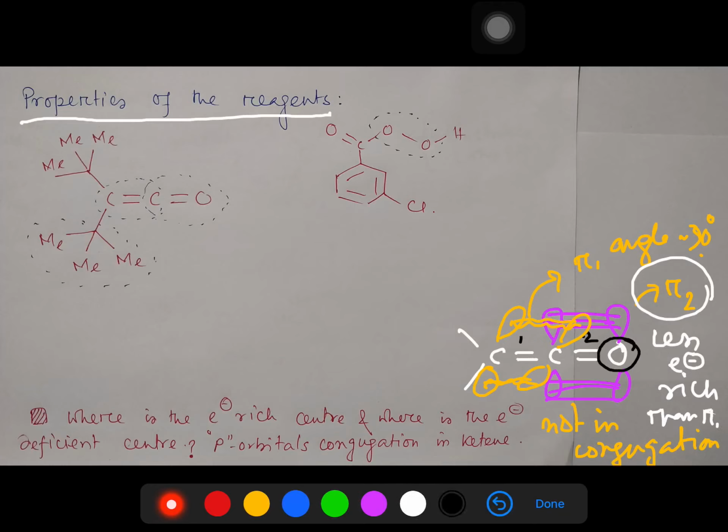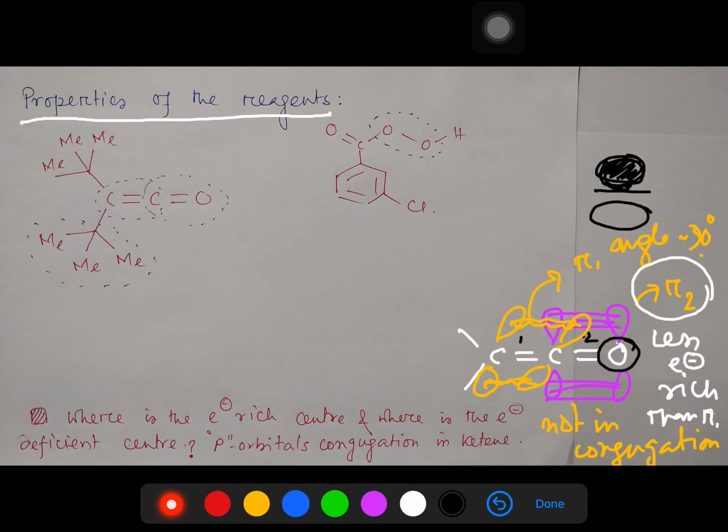So the electron density on this pi bond is less. Pi bond electron density means actually after this overlap it constructs a pi orbital. This is the pi and electron density here. And actually this reagent is for electrophilic epoxidation, so I will discuss where the pi bond participates in the reaction. So fine, here electron density is less, so reaction is expected.